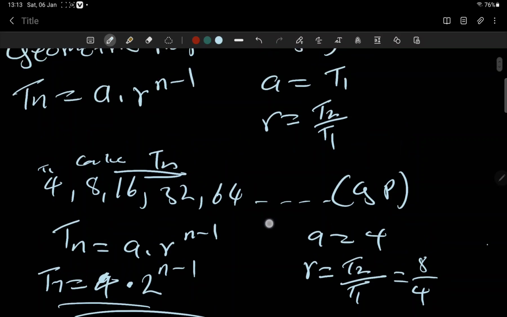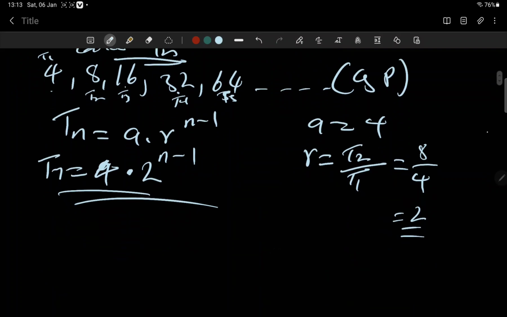Let's check with term number 1, 2, 3, 4, 5. This is term 1, term 2, term 3, term 4, then term 5. Term 5 is 64. Let's see if we substitute term number 5 here, will we get that? 4 times 2 to the 5 minus 1.